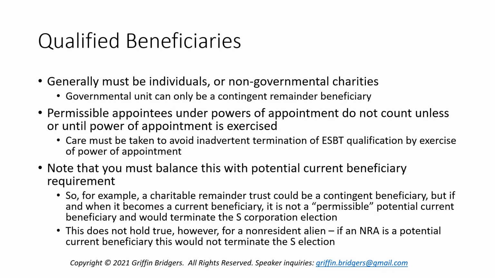But there's one weird exception here that may be one of the plus points to an ESBT overall, and that is that typically a non-resident alien cannot be an individual shareholder of an S corporation.